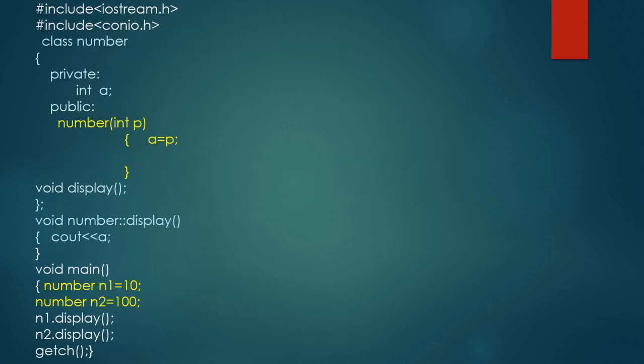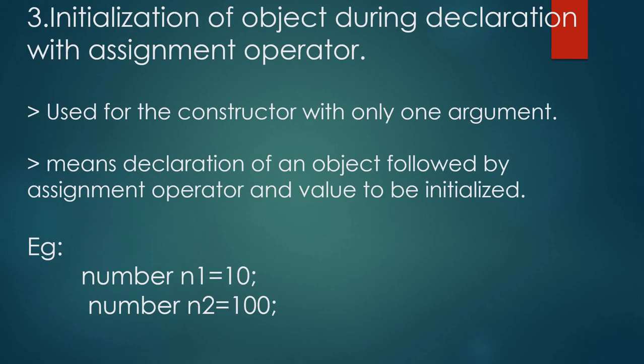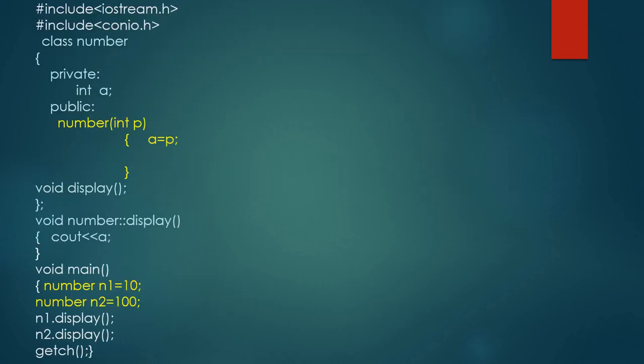We can consider one example program for the initialization of object during declaration with assignment operator. See, in this example, one data member is there, A. Then this is the constructor. Here how many arguments are there for this constructor? One and only one argument.